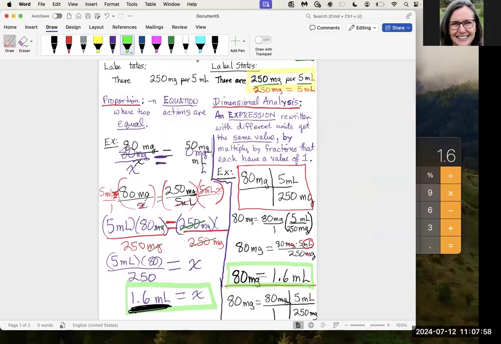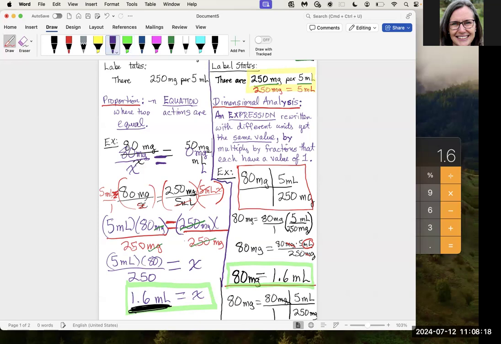If the directions on your exam state you must support your work using dimensional analysis, then you have to learn dimensional analysis, even if you've already mastered proportions. If you've mastered proportions, understand they're two completely different situations.